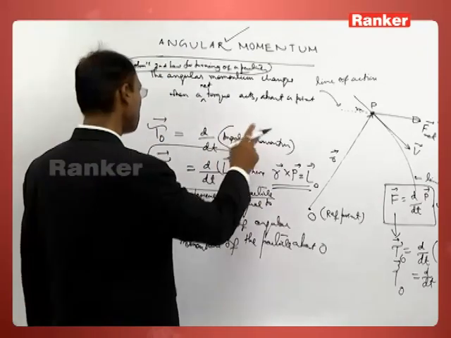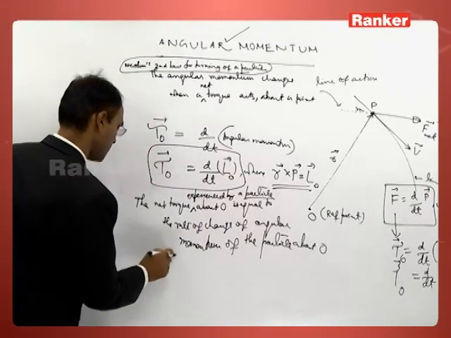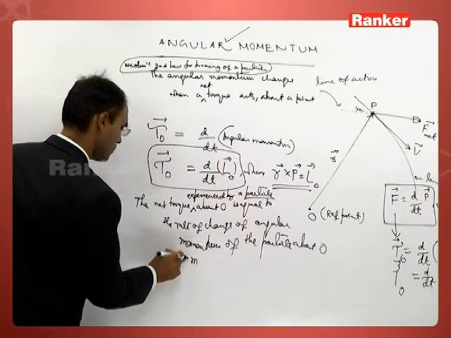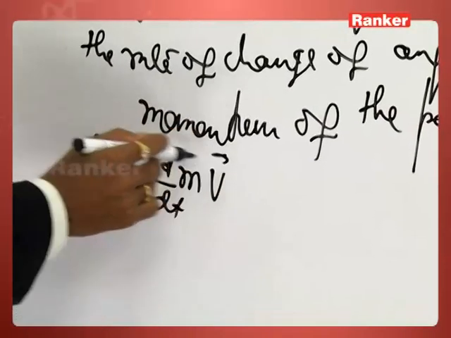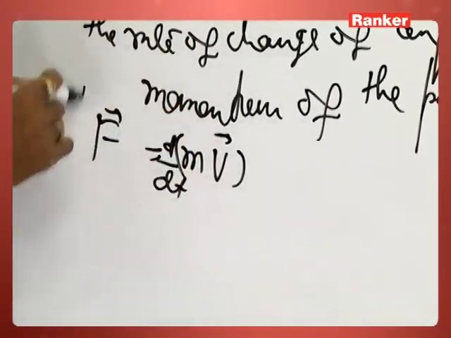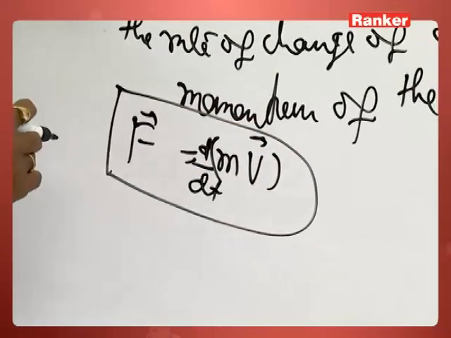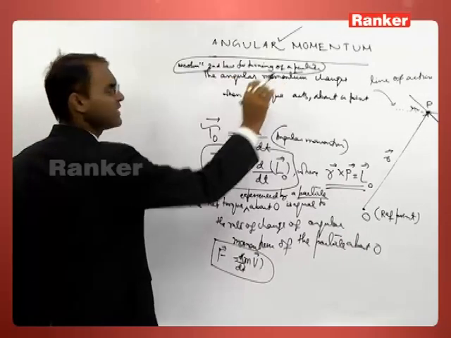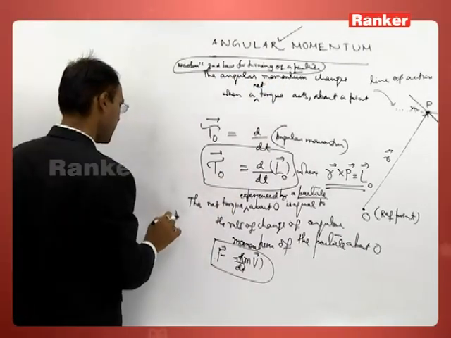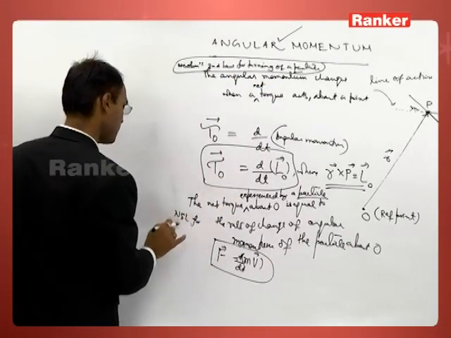The net force acting on the particle is equal to the rate of change of linear momentum. This is Newton's second law for translation. This is Newton's second law for turning. This is Newton's second law for translation.